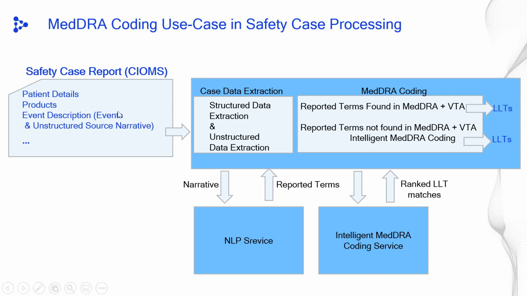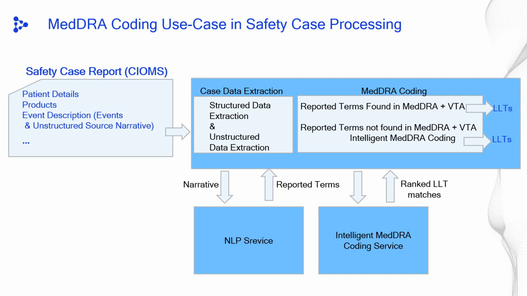We get safety case reports. A typical case is the CIOMS, which has patient details, products, and event descriptions. And we use NLP, which is natural language processing, to identify both the structured data and case attributes within the unstructured content of that report.